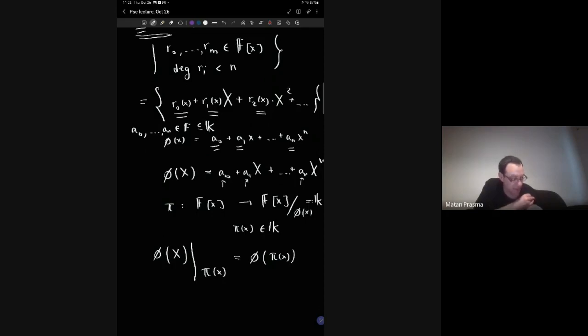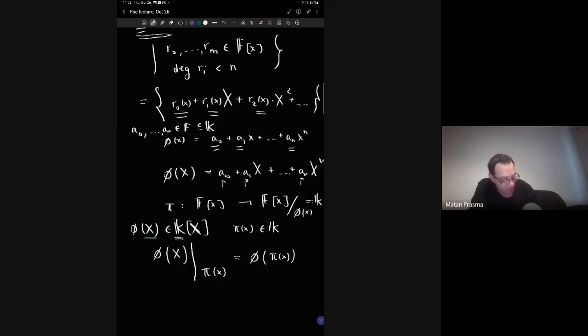Since phi capital X is a polynomial over k, when you substitute an element in k into phi, you get again an element in k. Just like you take a polynomial over f, you substitute an element in it, and you get an element in the field.